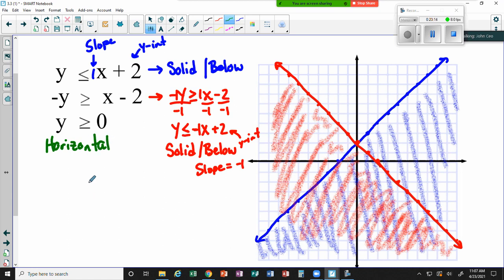Is it going to be solid or dashed? Equal to, so it's going to be solid. Right? The equal to makes it solid. Am I going to shade above or below? Y is greater than or equal to 0. So the y values that are greater than are up, above.